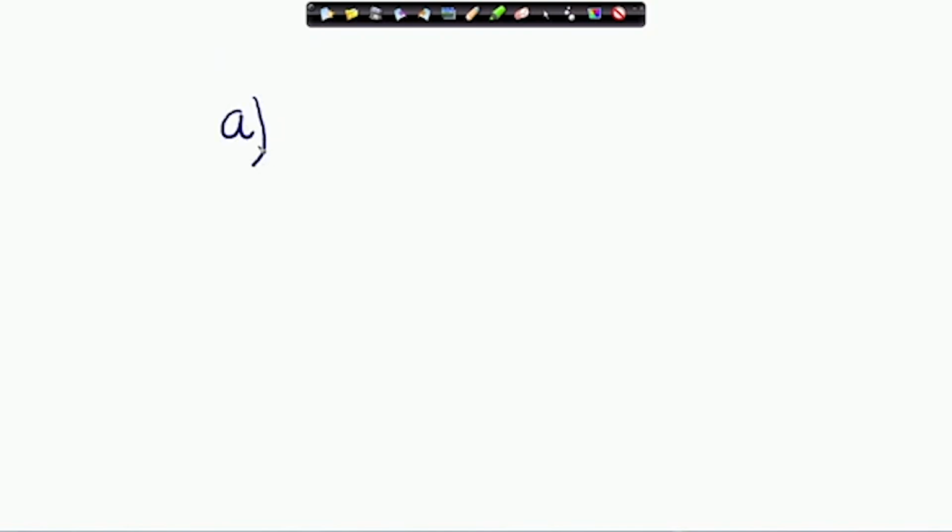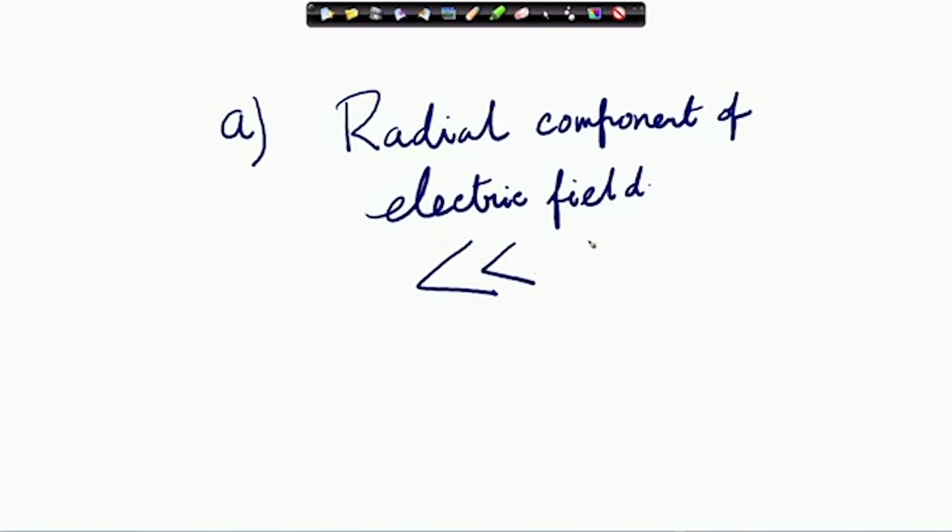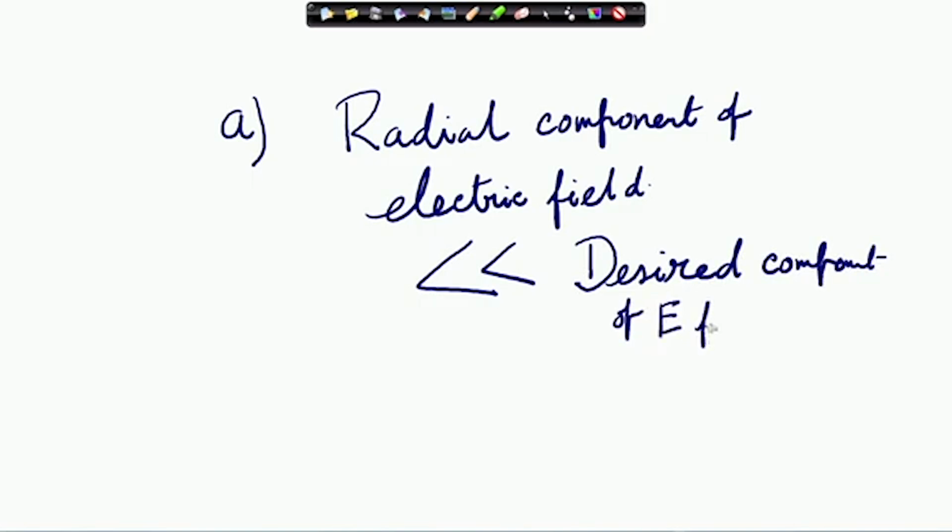The first criteria is that the radial component of the electric field should be insignificant, or much less than the desired component of the E field. Now, what do we mean by desired?